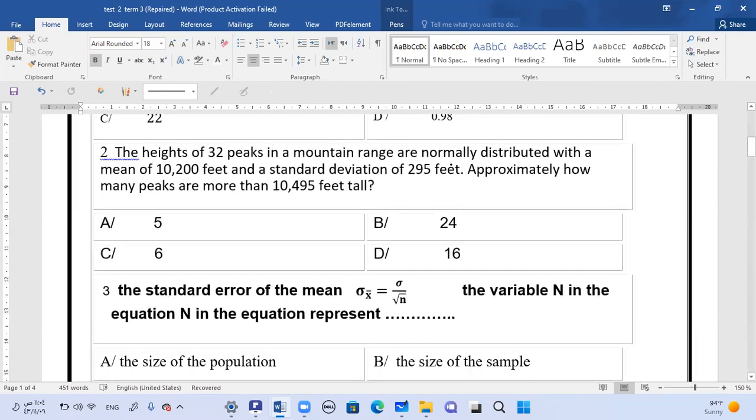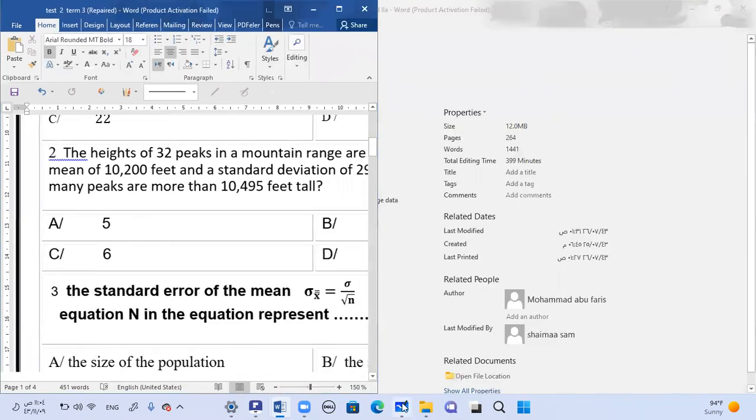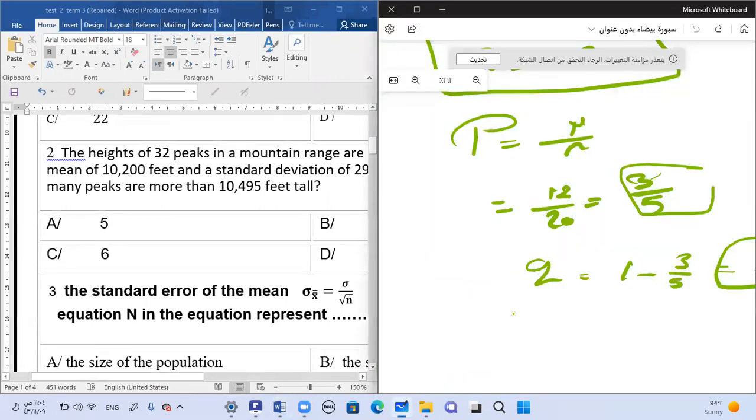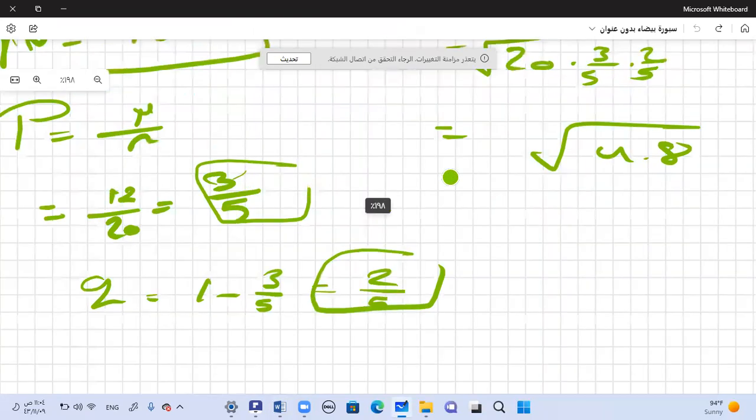Exercise number 2. Solve it in the exam, inshallah. It is very important. How can you solve this part? How can you solve this idea?